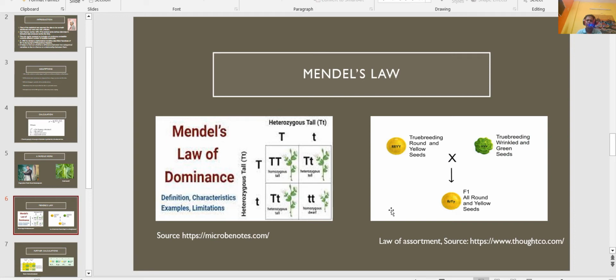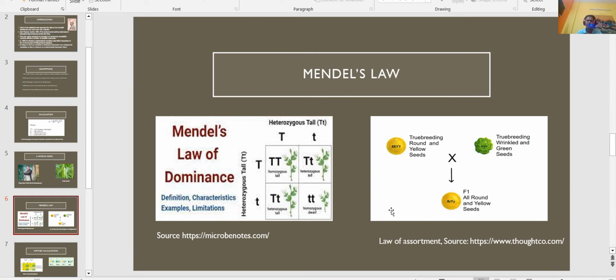When he crossed the tall plant with a dwarf plant, he noticed that in the first filial generation most of the plants were tall. In fact, 75% of plants were tall, and only one individual had retained the dwarfness characteristic. Now, this was about one trait.